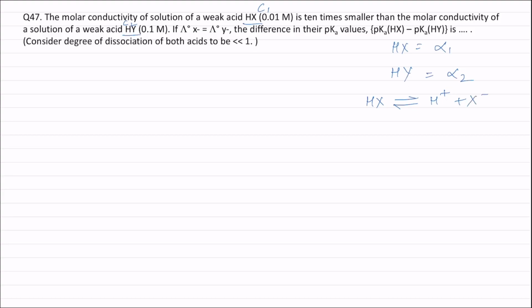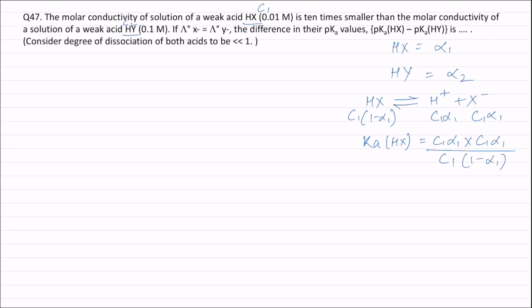Now since the initial concentration of HX is C1 and degree of dissociation is alpha 1, the equilibrium concentration can be written as C1 into 1 minus alpha 1. Concentration of H plus is C1 alpha 1 and concentration of X minus will be C1 alpha 1. Therefore Ka for HX will be equal to C1 alpha 1 into C1 alpha 1 divided by C1 into 1 minus alpha 1.